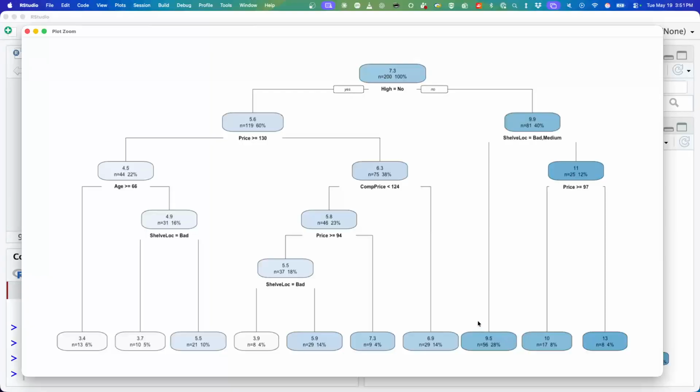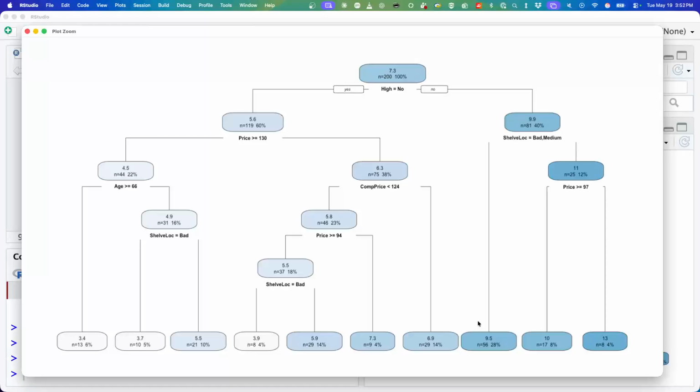Okay, so here, when we do price as a continuous, sales as a continuous variable, now the most important, or the root node, changes.